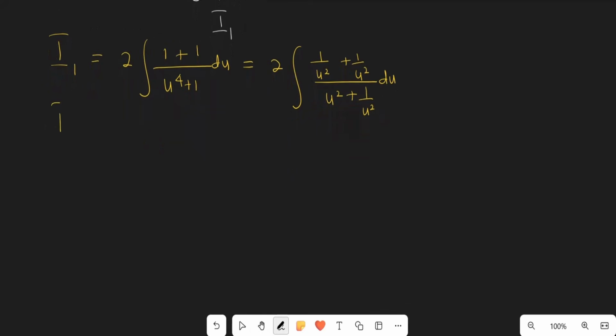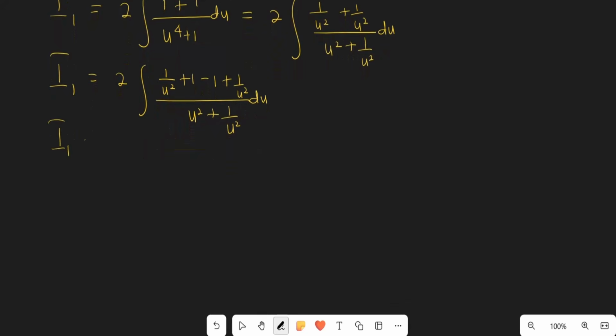And now the next step is to add and subtract 1 to the numerator. So you have 1 over u squared. I'm going to add 1 and then subtract 1. The net effect is 0, and then plus 1 over u squared. All this one divided by u squared plus 1 over u squared du.